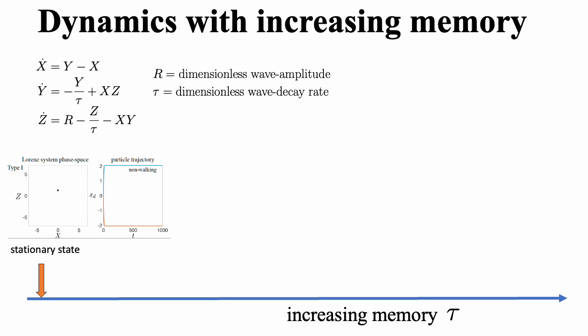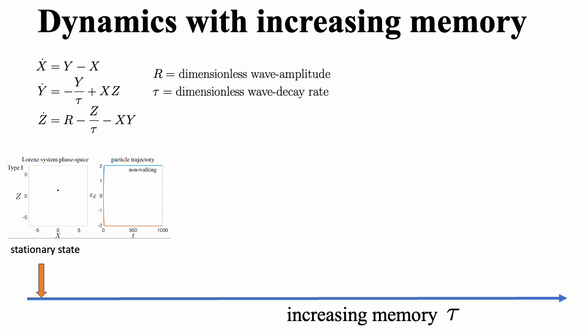So now, if you remember, capital X is the velocity of the particle. So capital X equals 0 means I have a stationary particle, and you can see that on the position versus time plot on the right, right? So you have these two curves, blue and red, which correspond to two different initial conditions, and you can see that they become flat, so there is no motion of the particle. And this is something that is observed in experiments at small memory.